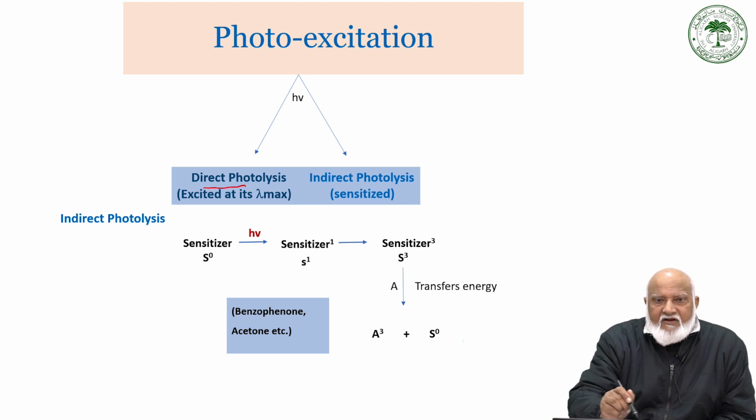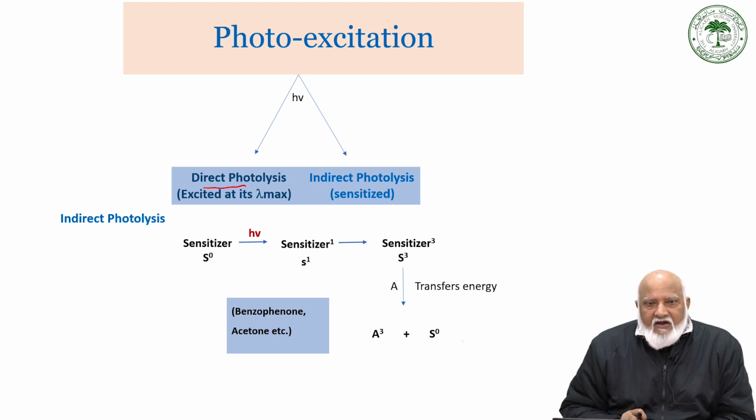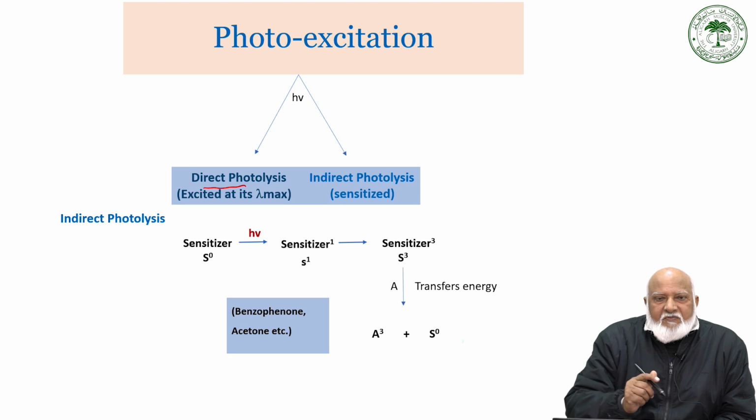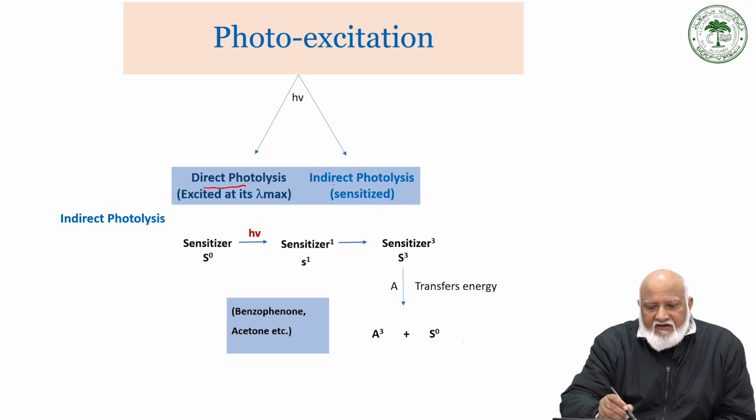That is direct photolysis, meaning the molecule can absorb light and go to an excited state, and for this lambda maximum is important so that we give the proper light. Or this excitation can also be brought about by indirect excitation, also called a sensitized photoreaction.